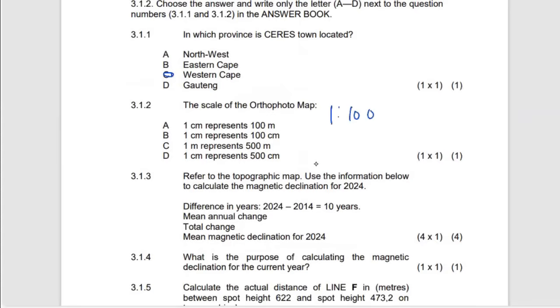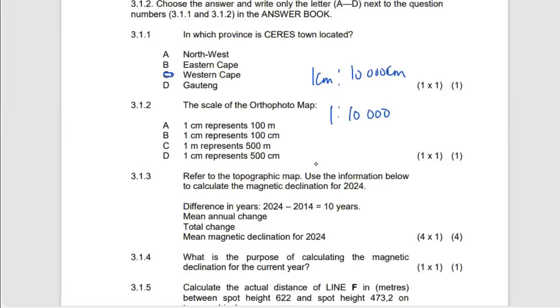The orthophoto is always drawn to the scale of 1:10,000. So how do we convert 1:10,000 to a word scale? If we want to convert this scale 1:10,000, it means 1 centimeter is to 10,000 centimeters.